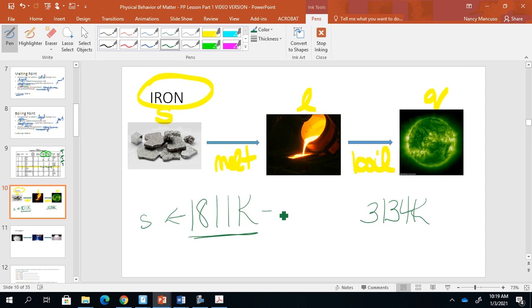And if I have a temperature that is between 1811 and 3134, it's going to be a liquid. And if I have a temperature hotter than 3134, it is going to be a gas. Wow, that's insanely hot. All of this is crazy hot. Even just melting it, that is so hot of a temperature.